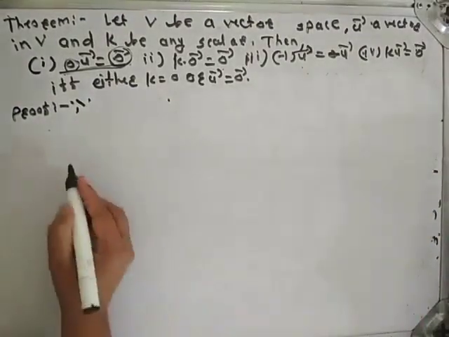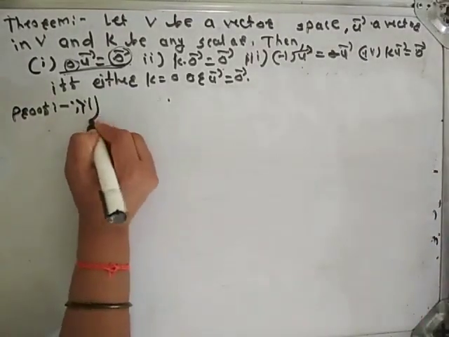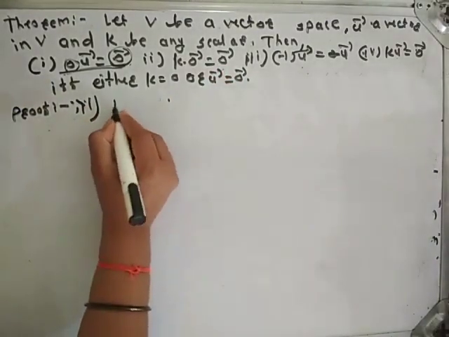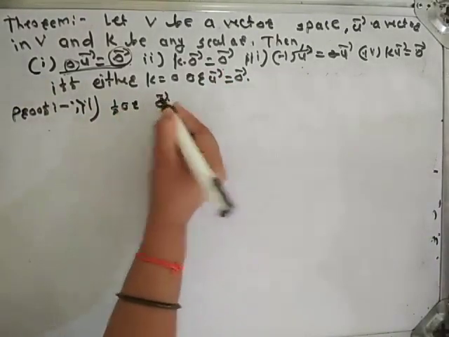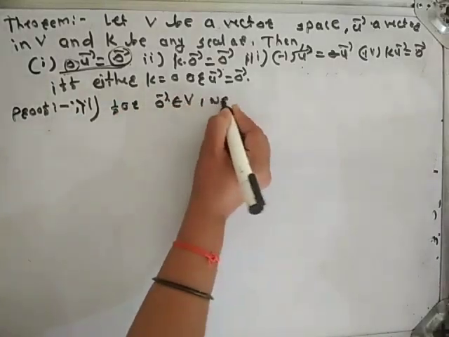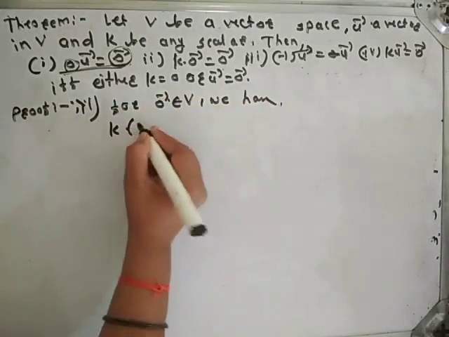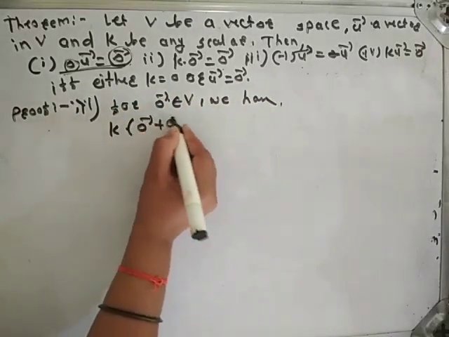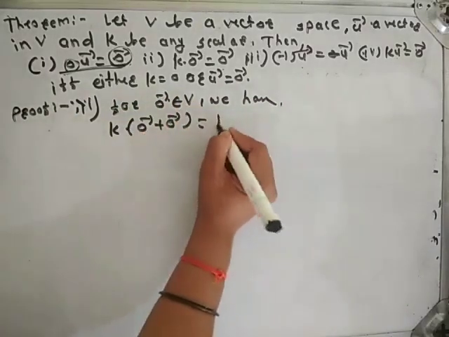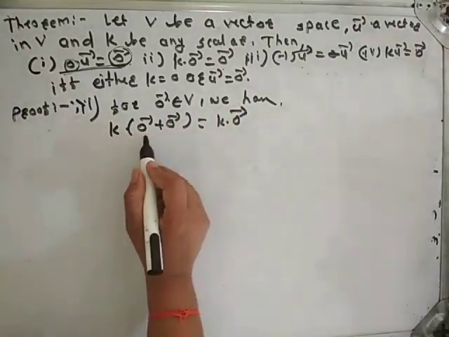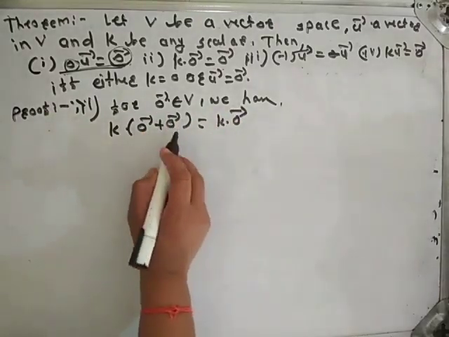In the second part, we have to prove k into 0 bar is equal to 0 bar. For 0 bar belonging to V, we have k into 0 bar can be written as 0 bar plus 0 bar. First of all, 0 bar can be written as 0 bar plus 0 bar.